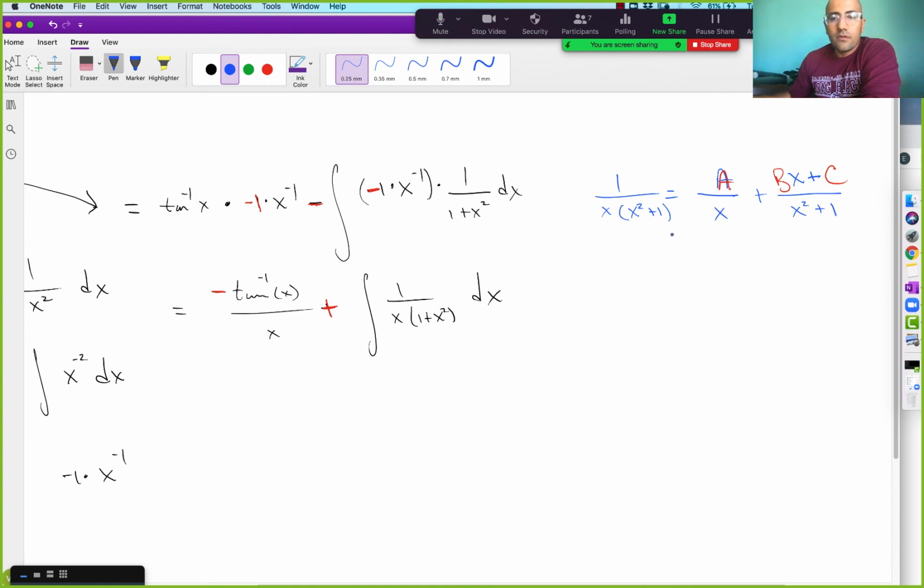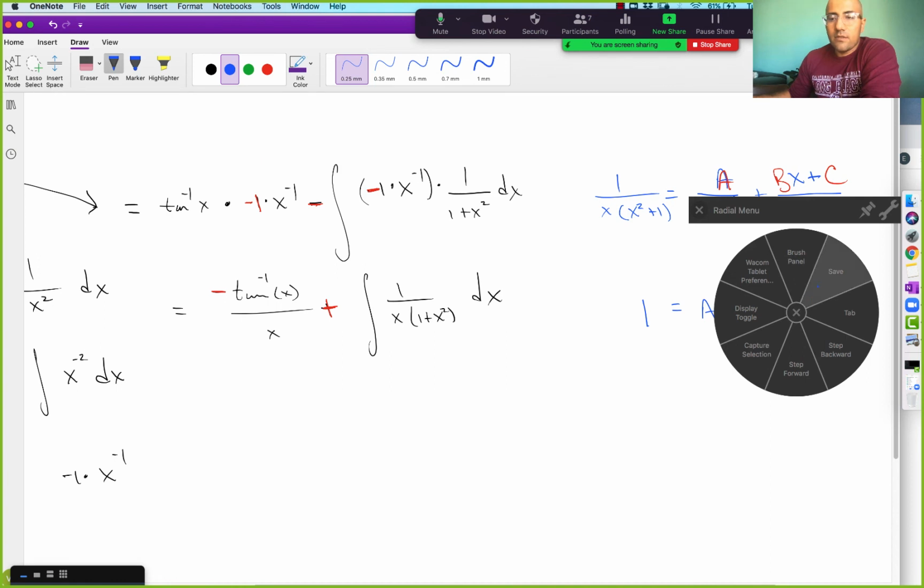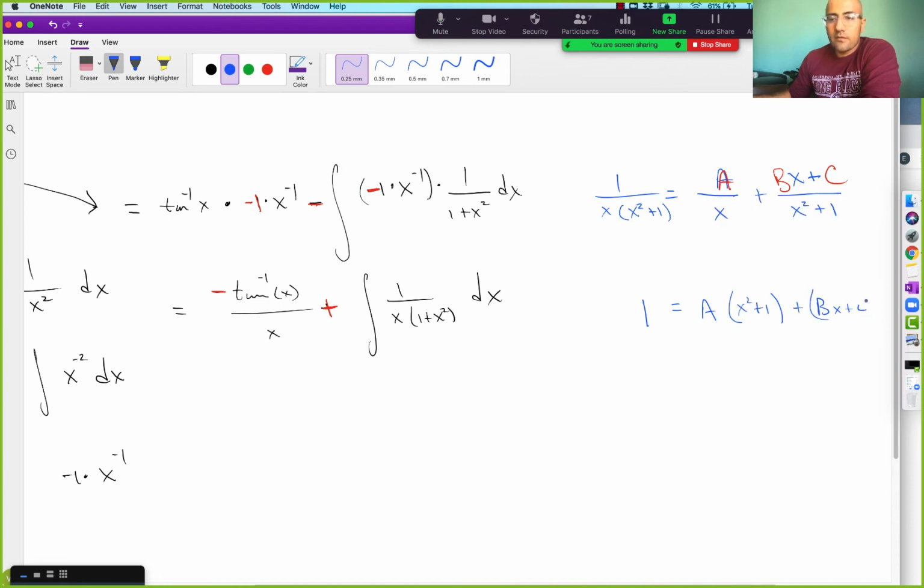Good. Okay, now multiplying both sides by the denominator, we end up getting that the left-hand side is just going to be 1 equals a times x squared plus 1, plus bx plus c times x.